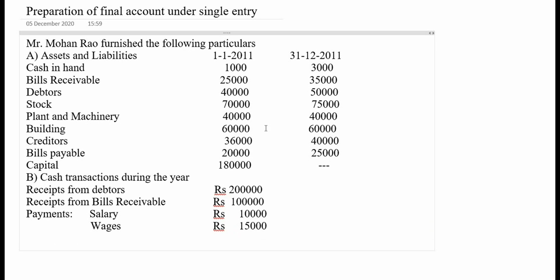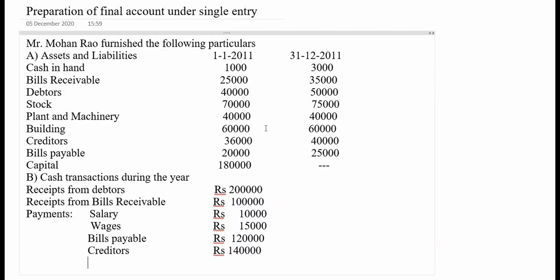Then bills payable rupees 1,20,000. Then creditors rupees 1,40,000.